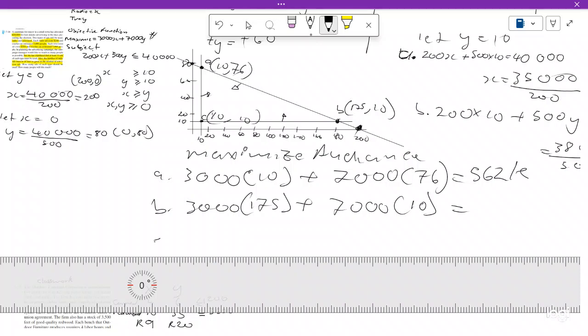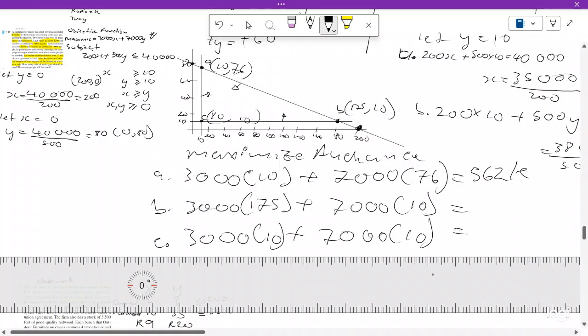All right, then the next one. 595. I know that's your optimum solution, but let's do the last one. 520.